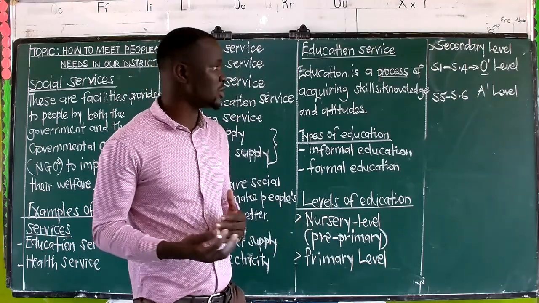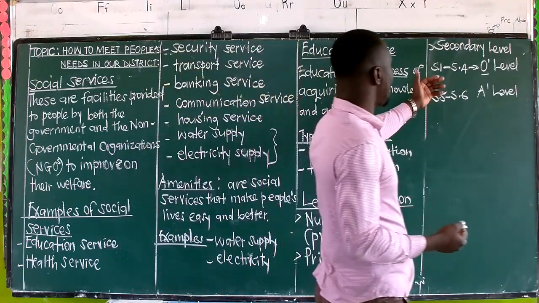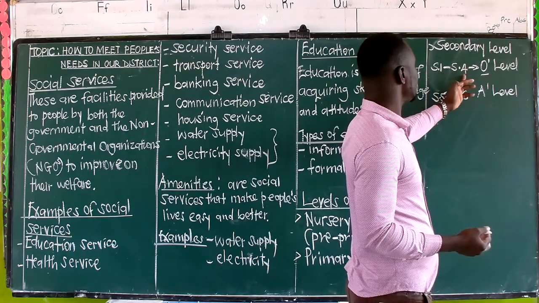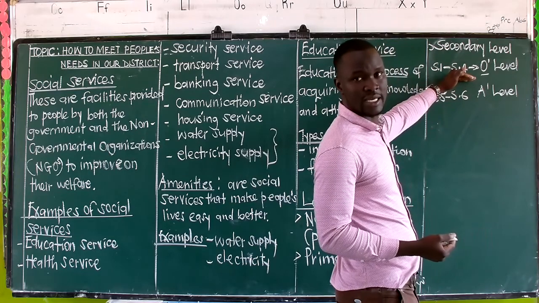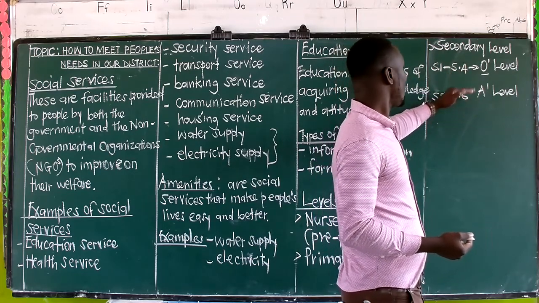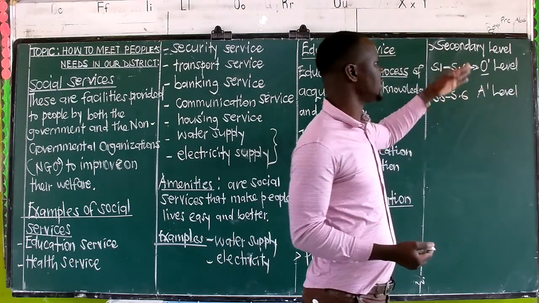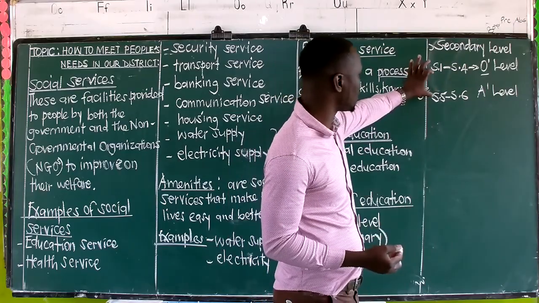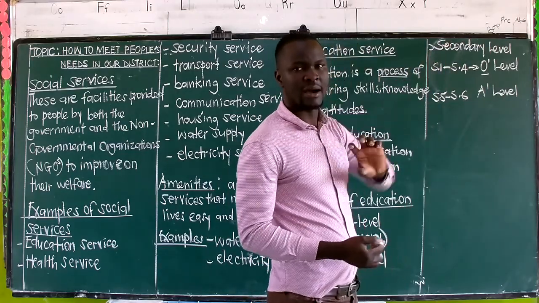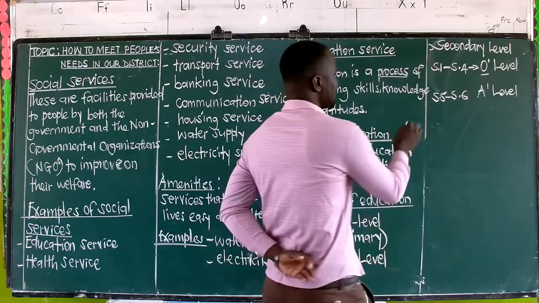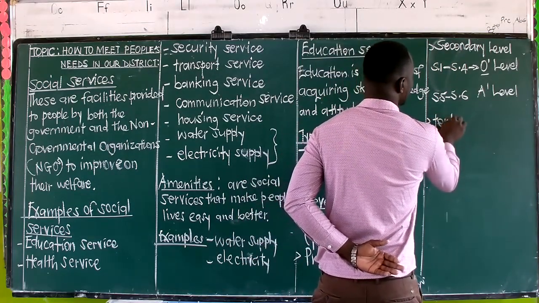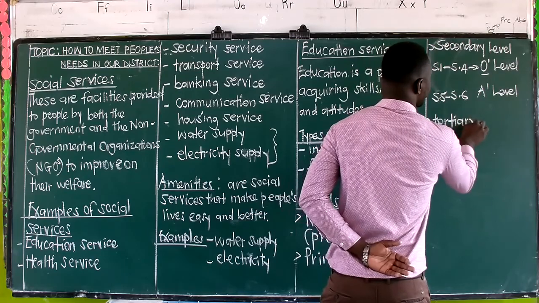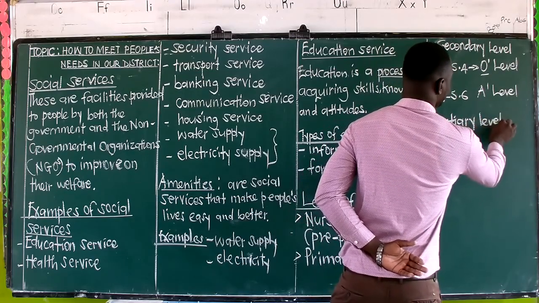Now, sometimes you will find that some people move from senior 1 to senior 4, and they branch from here. Whereas others continue, all these are forming what we call the secondary level. These are the sub-parts in secondary level. Now, after the secondary level, we shall have what we call the tertiary level. Tertiary level.